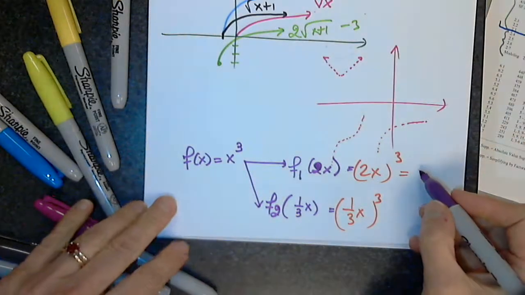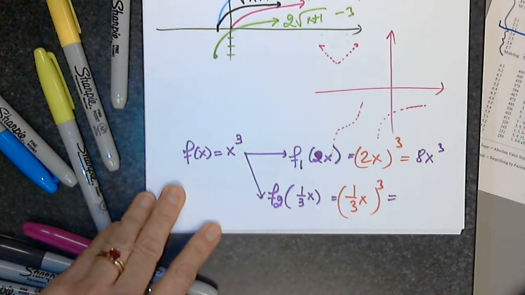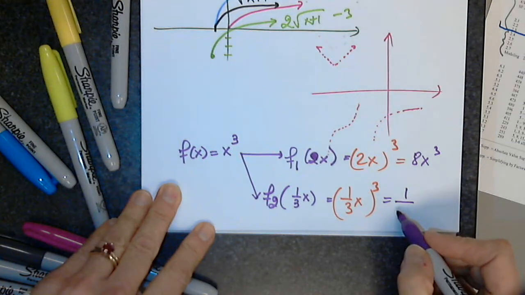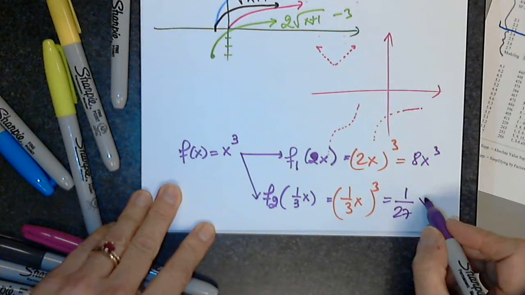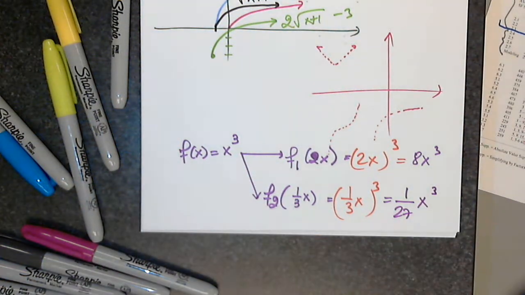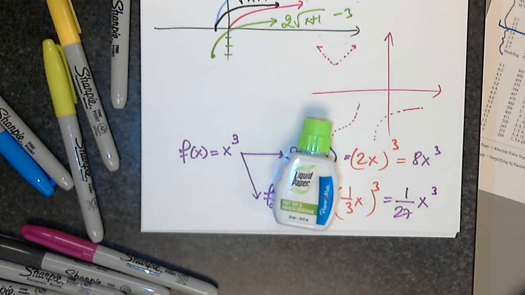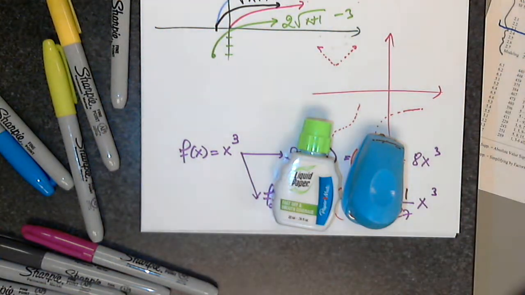Obviously, you will say 8x cubed. And obviously, you will say 1 over 27, very good, very good.